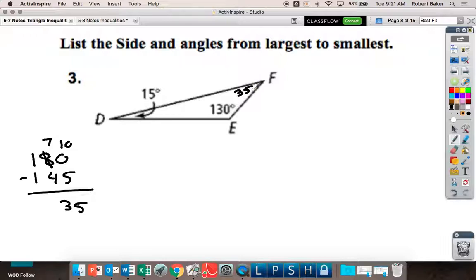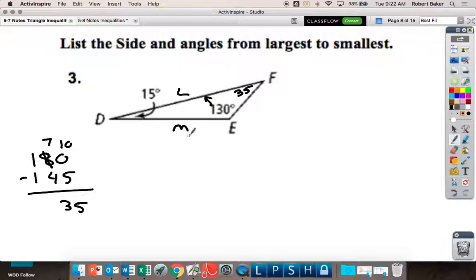Okay, so do you want to do sides or angles first? Sides. Go ahead, what's the first side? I'm sorry, what? DF? Oh, right, we're going largest to smallest now. So he's right. DF is the longest side. What's the medium side?